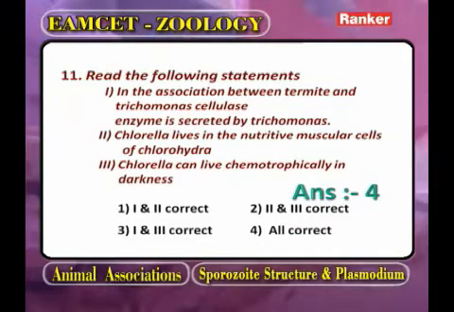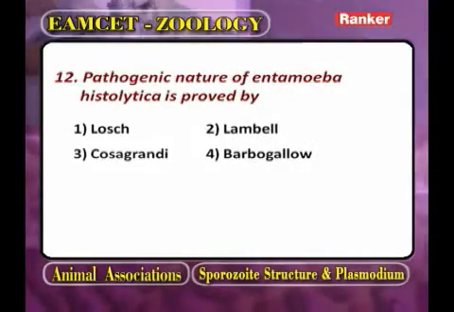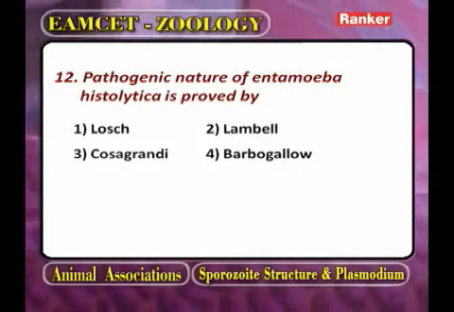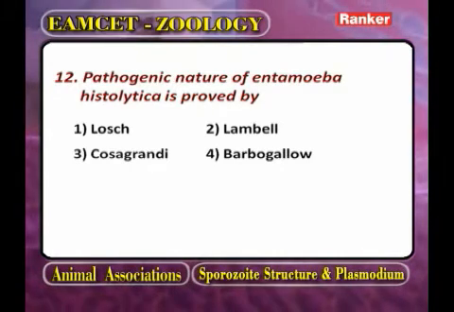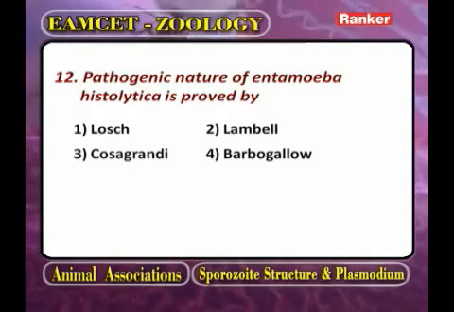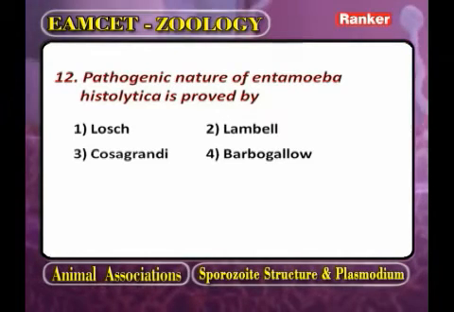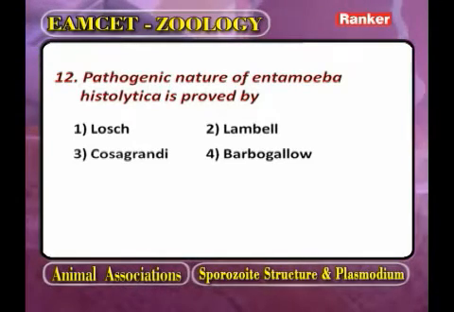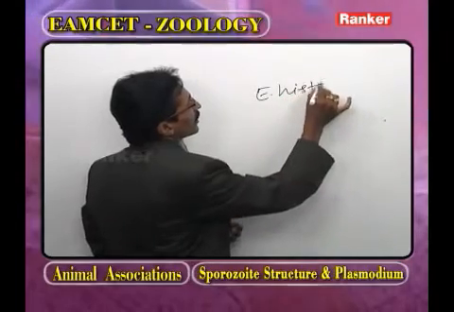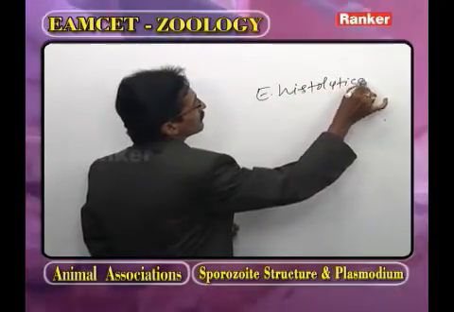Now we go for the next question. Pathogenic nature of Entamoeba histolytica is explained by... again repeating, the pathogenic nature of Entamoeba histolytica. We have a good idea regarding the Entamoeba histolytica.